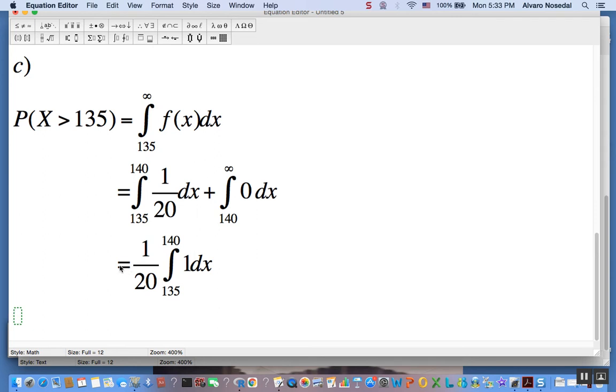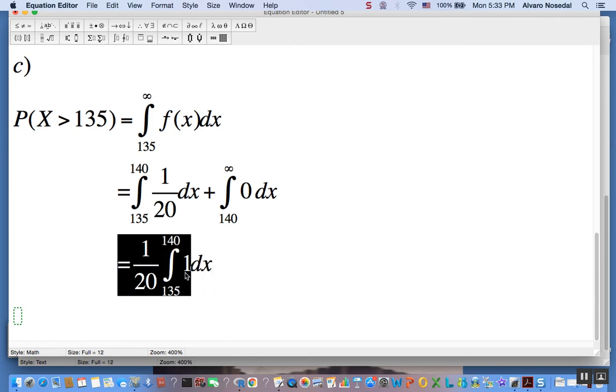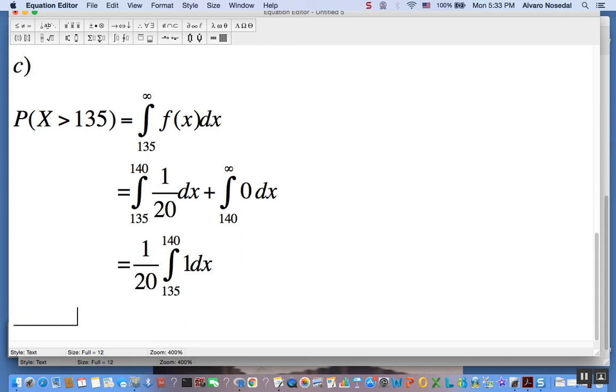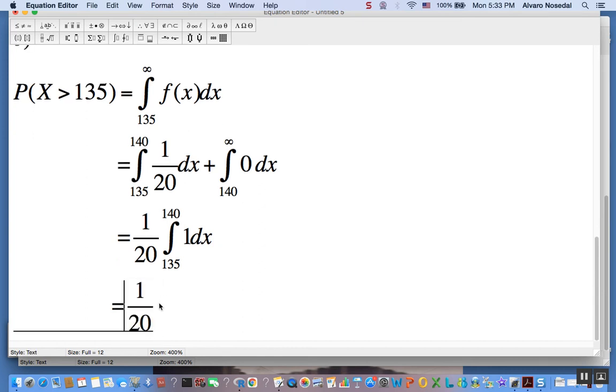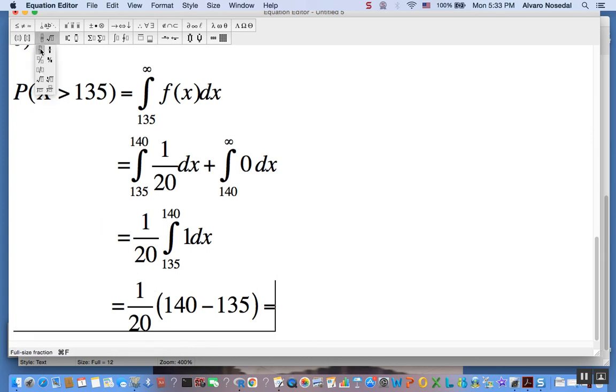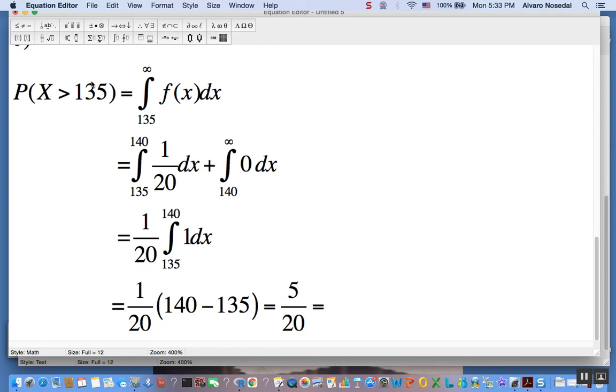We're going to end up again with 1/4, right? 1/20 times 140 minus 135, so it's going to be 5 divided by 20, which is 1/4, same as before.